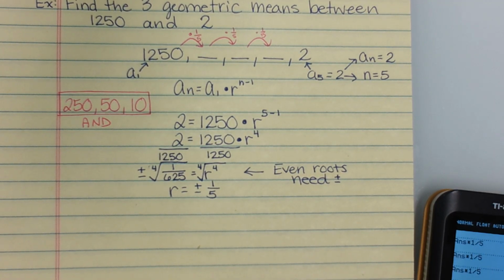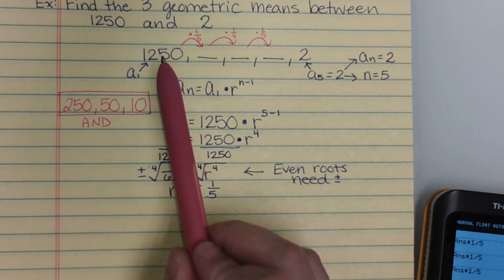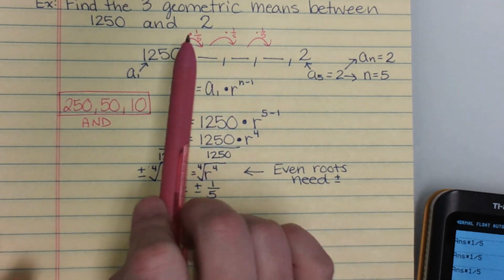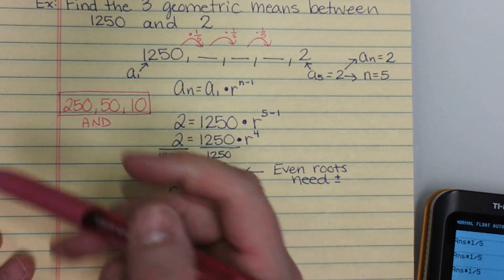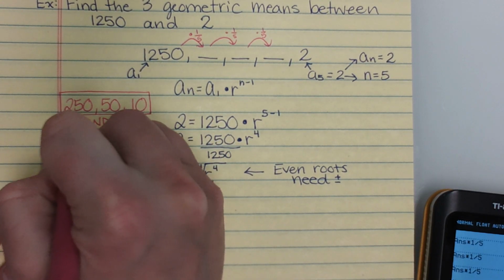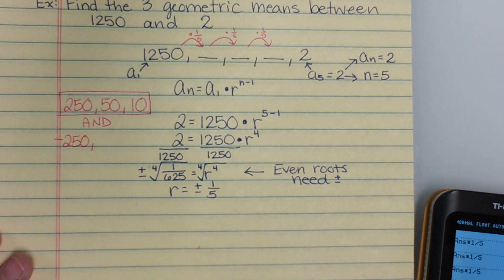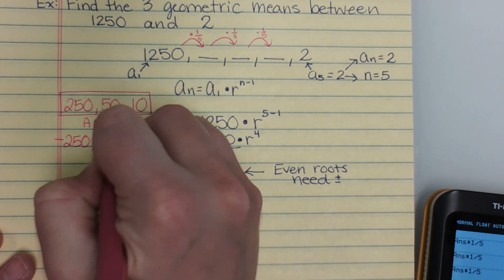But if I have a positive and negative, I should have 2 lists of numbers. One where I'm multiplying by the positive, one where I'm multiplying by the negative. The only difference is going to be positives and negatives. This was positive, multiply by a negative, I'm going to get negative 250. Multiply that by a negative, it's going to go back to positive 50.